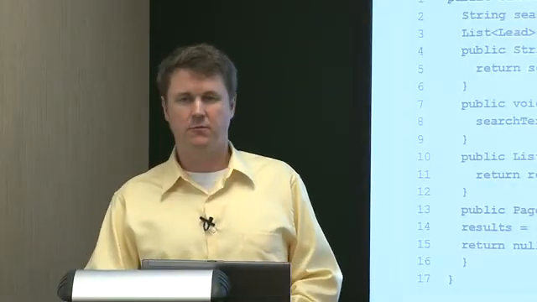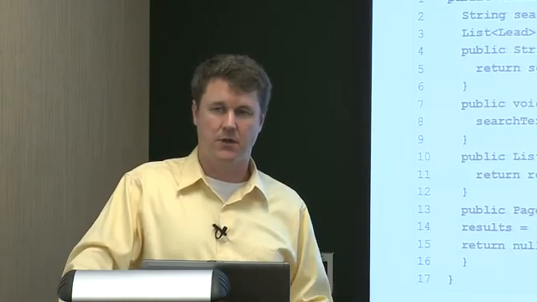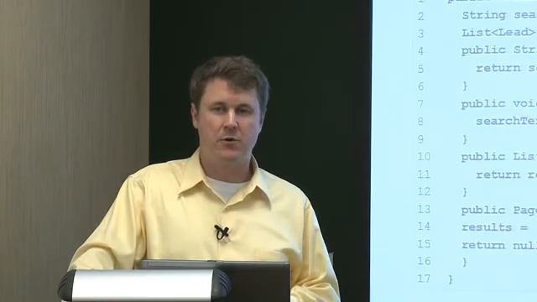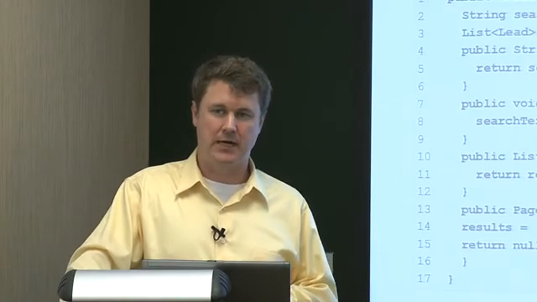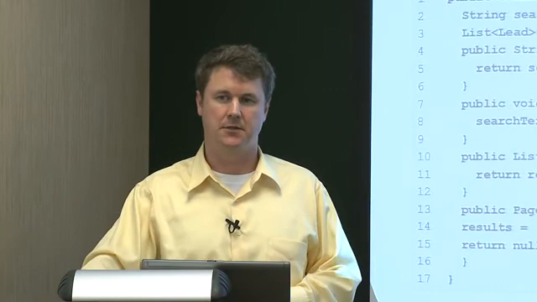Now just to explain a little bit about the SOSL query that's occurring here, you'll notice that we're using the array notation. We're accessing the 0th element within our list. Remember that the return type of a SOSL query, by default, is a list of lists.